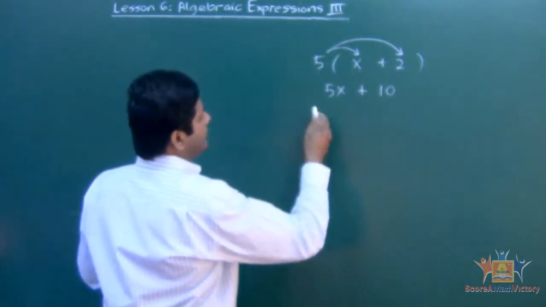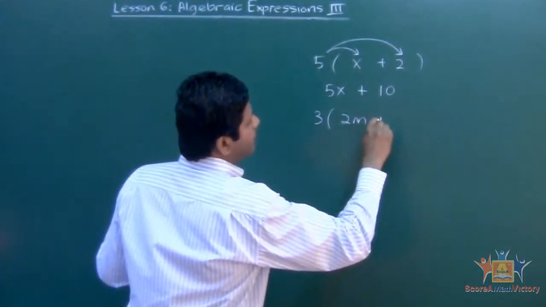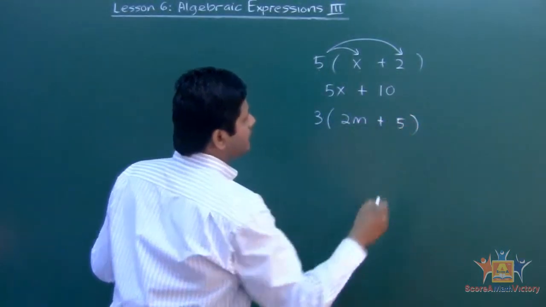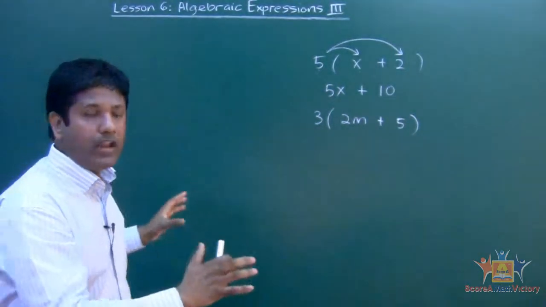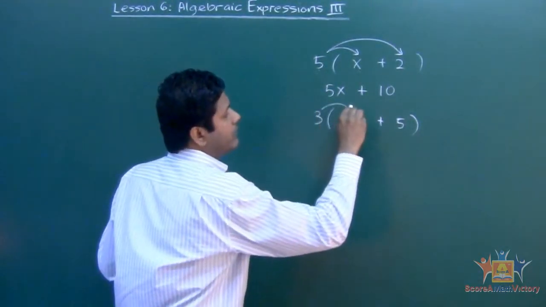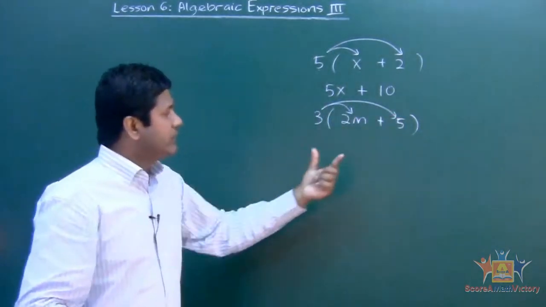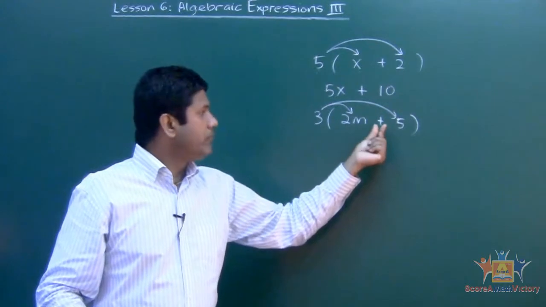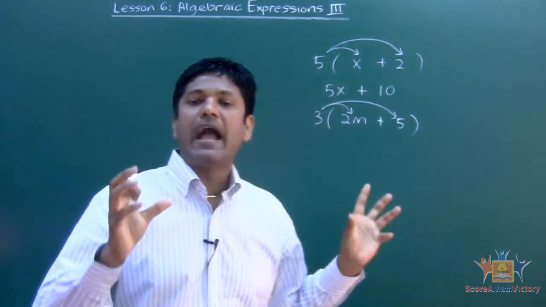Okay, let's say for example, if Mr. Mac gave you 3 bracket 2m plus 5. When I say expand that bracket, in other words, I'm distributing 3 to 2m and 5. See, there's a plus or minus that separates them into two identities.